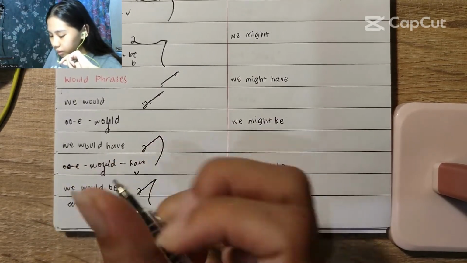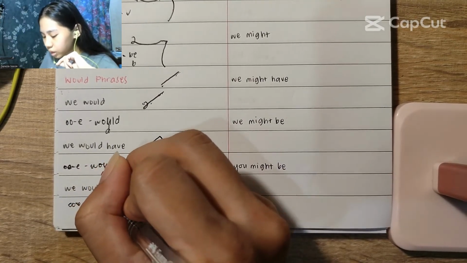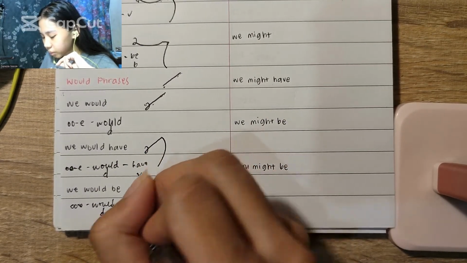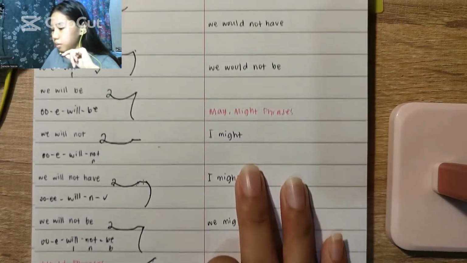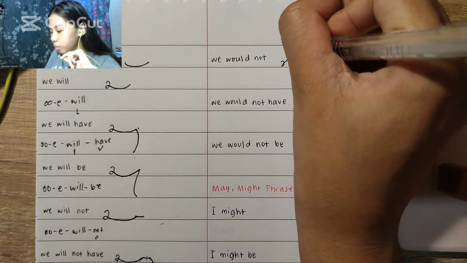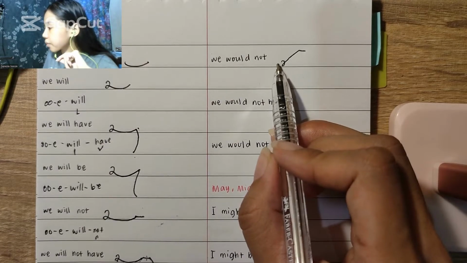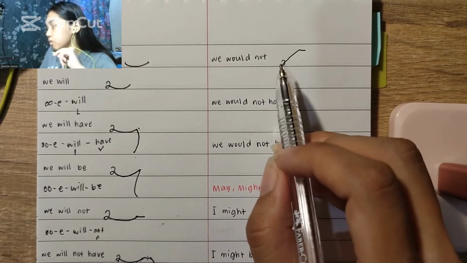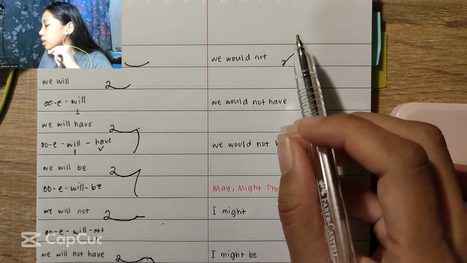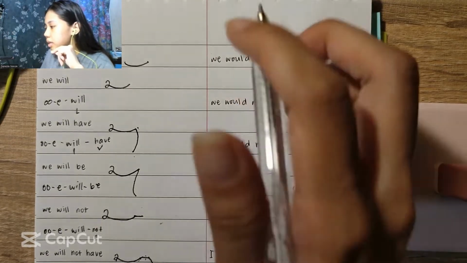We would be: UE, would is represented by the D symbol, and then B is represented by the B symbol. We would not: UE for the pronoun we, would is represented by the D symbol, and then the brief form not is represented by the N symbol.